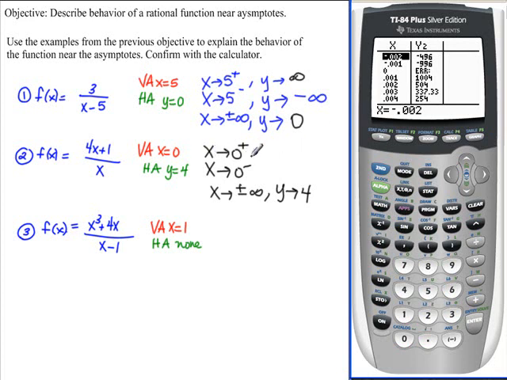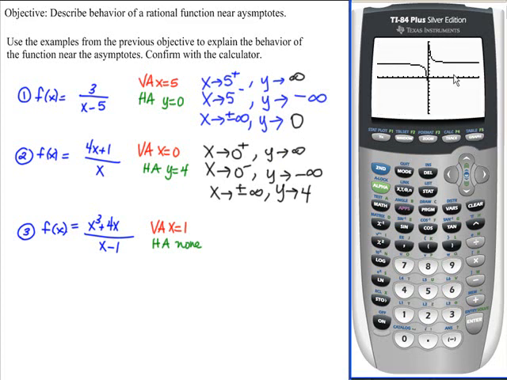So as x is approaching 0 from the right, y is going to infinity, and as it's approaching 0 from the left, y is going to negative infinity. And we can see that graphically, right? Because on the right side of 0, the graph extends upward indefinitely, but on the left side of 0 it is extending downward indefinitely.